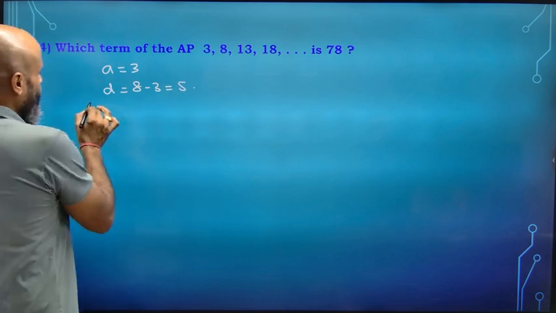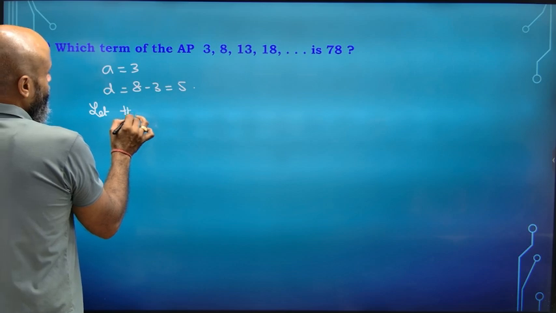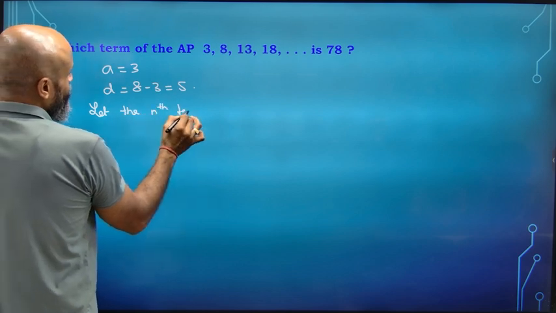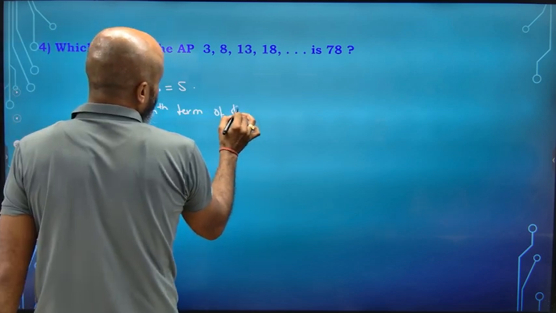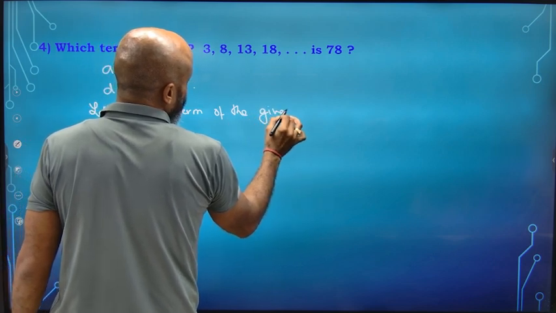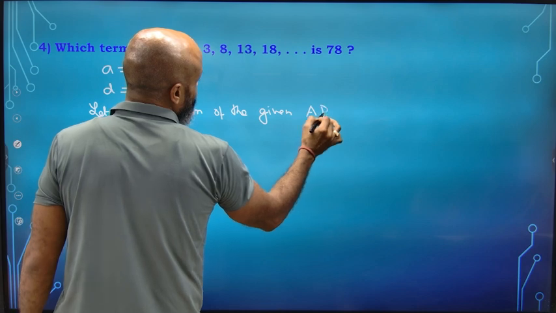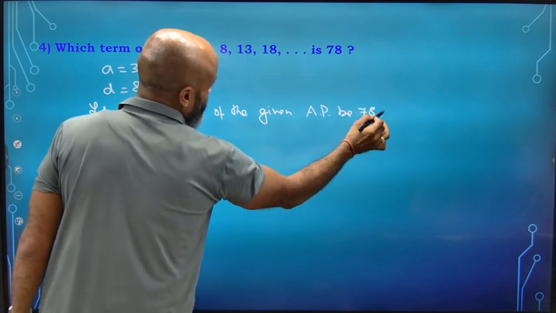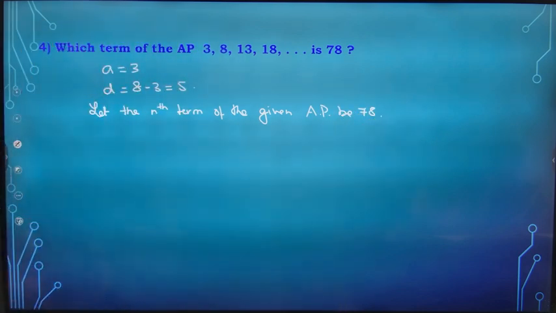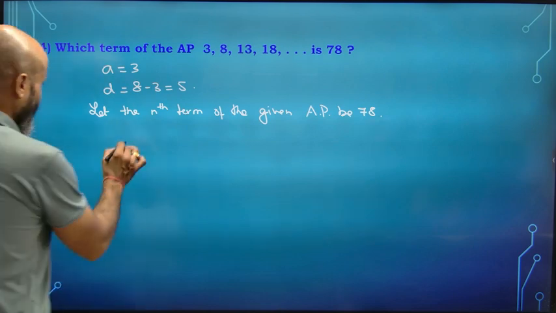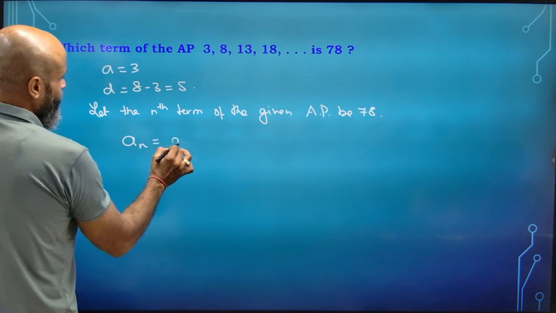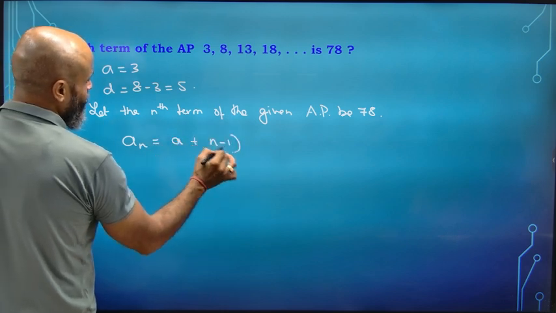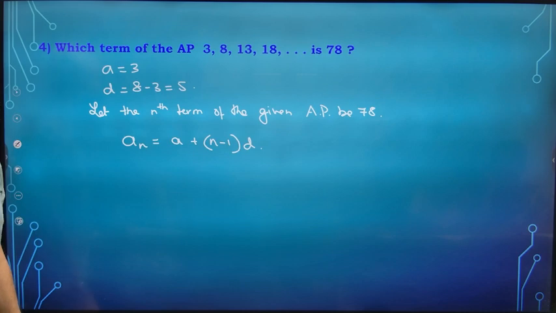Okay, so let the nth term of the given AP be 78. Clear? Okay, let the nth term be 78. Now an is equal to a plus n minus 1 into d. Are we clear on this one, people?